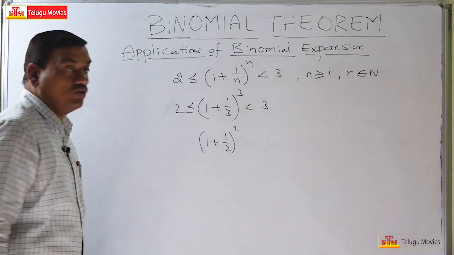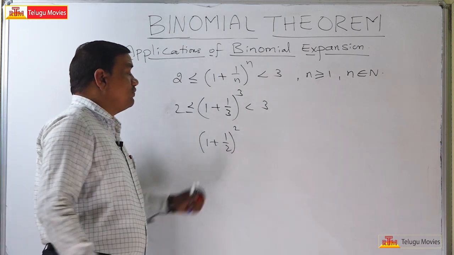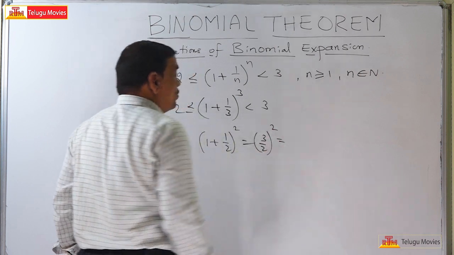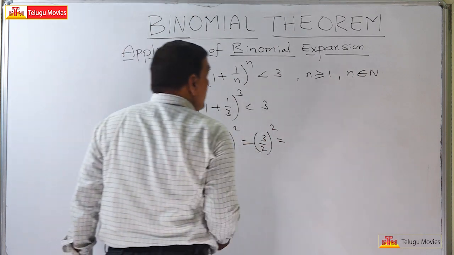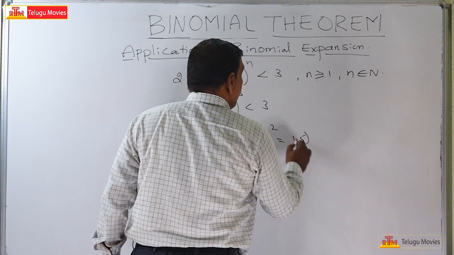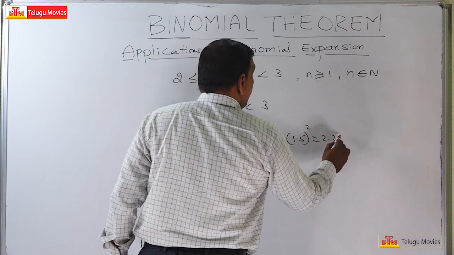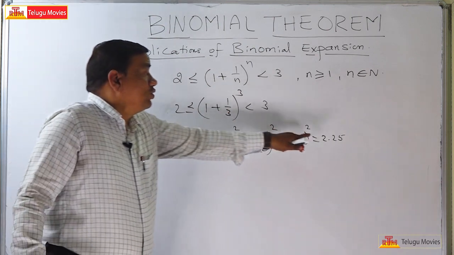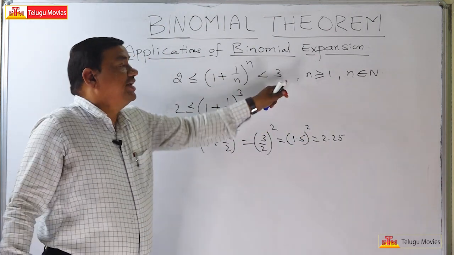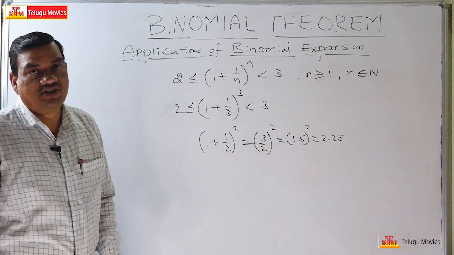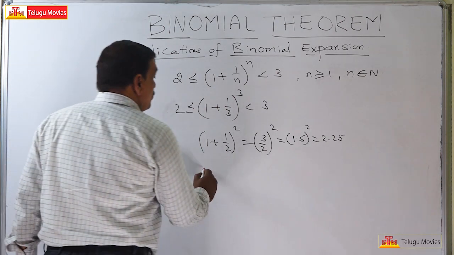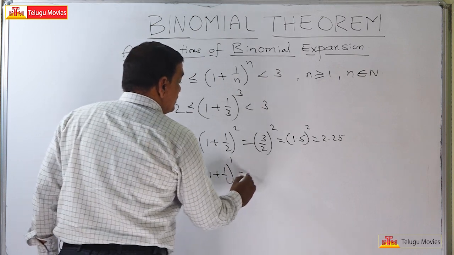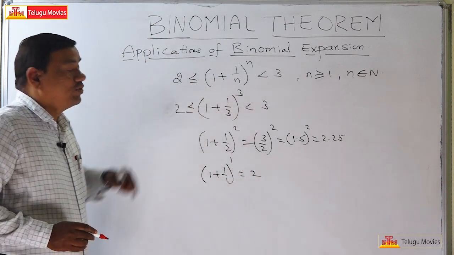Here, 1 plus 1 by 2 is equal to 3 by 2. (3 by 2) whole square, so 3 by 2 is equal to how much? 1.5, whole square. This is 2.25. Does 2.25 lie between 2 and 3? Yes. Understand this? If you take n is equal to 1, (1 plus 1 by 1) whole power 1, 1 plus 1 is equal to 2. That's why 2 less than or equal to it is there.